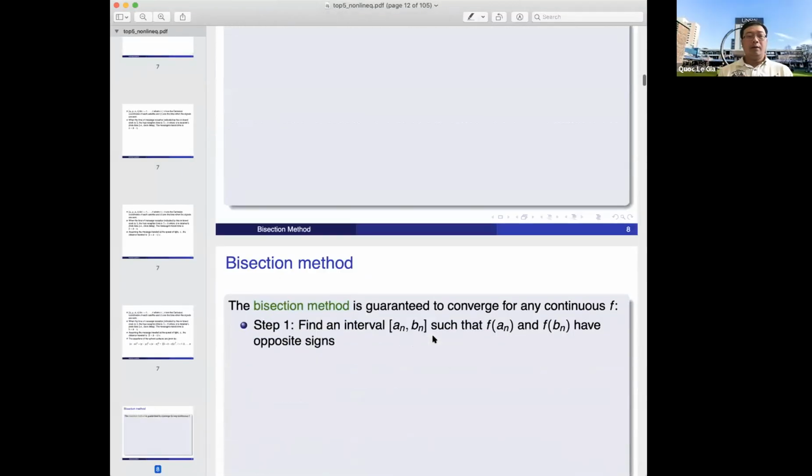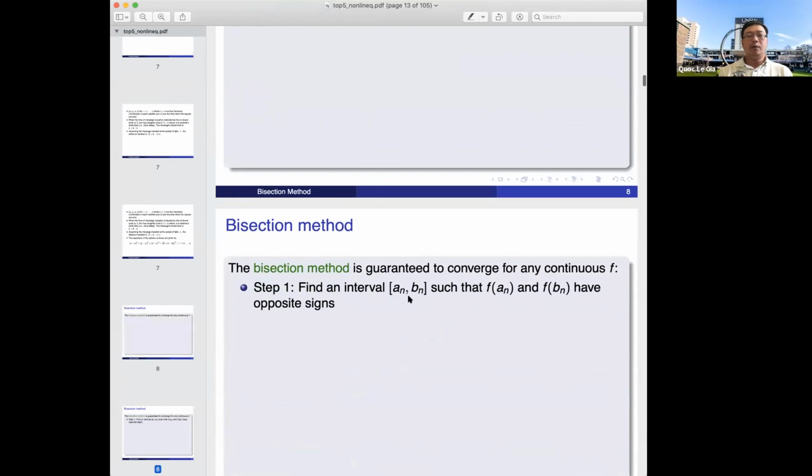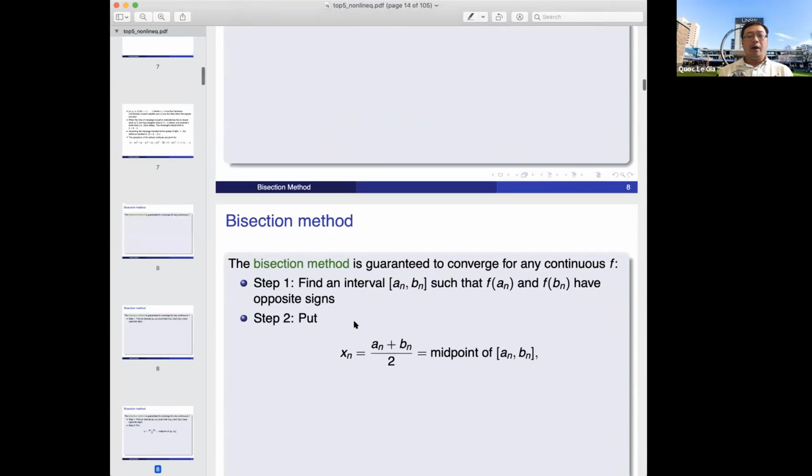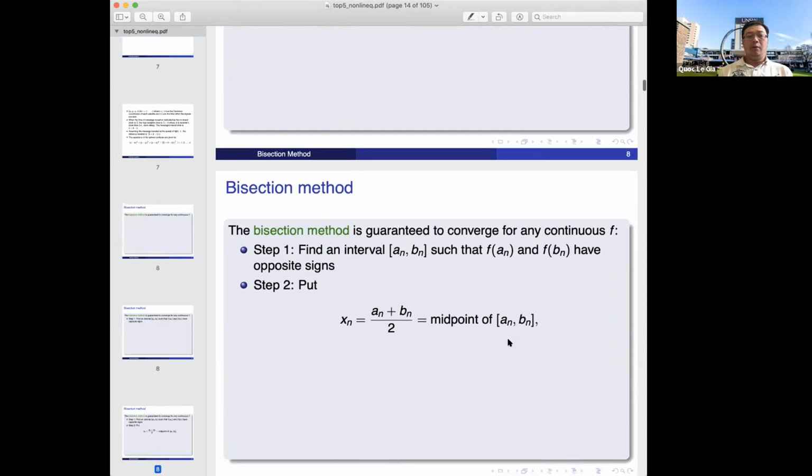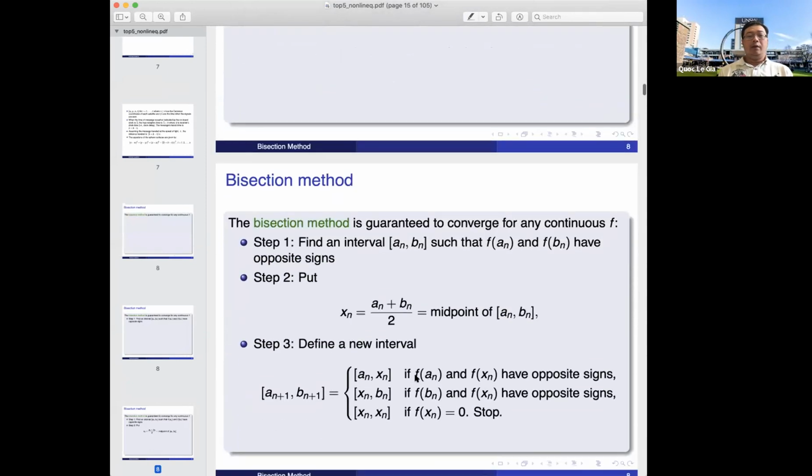So now if you write it down in terms of the algorithm, it looks like this. Step 1, you find the interval, starting with a_n and b_n, so that f(a_n) and f(b_n) have opposite signs. And then you find the midpoint of the interval. This is exactly what we did in the pictures. And then you define the new interval.